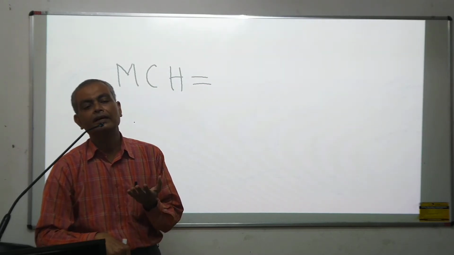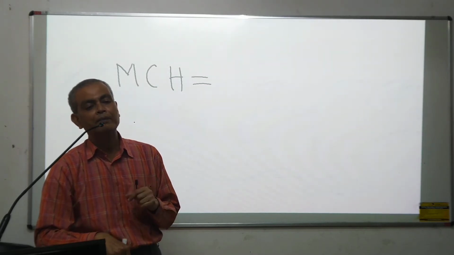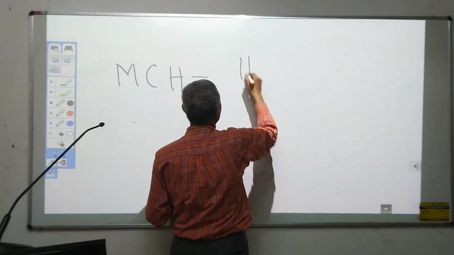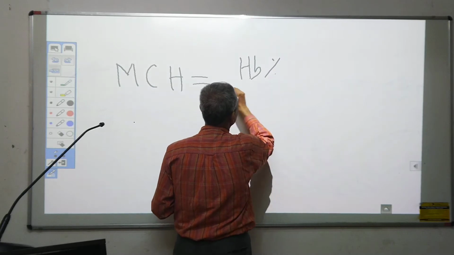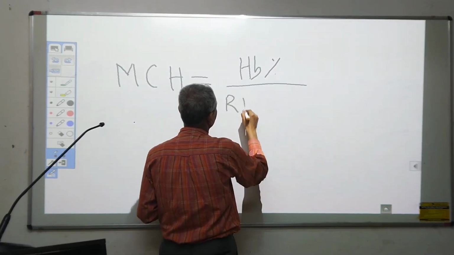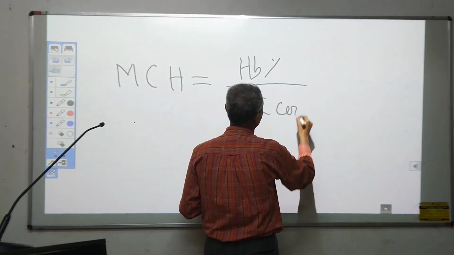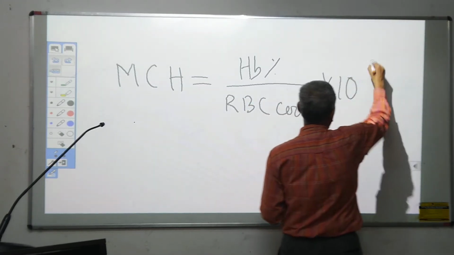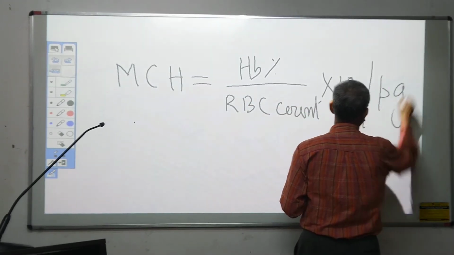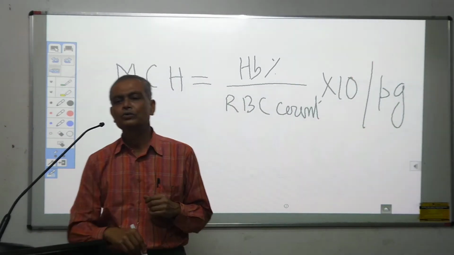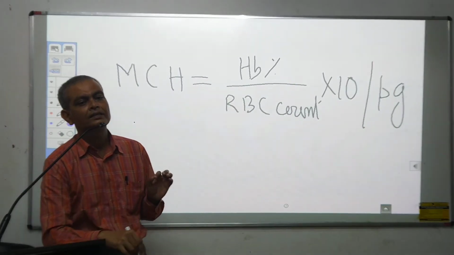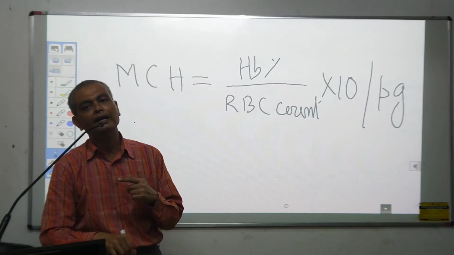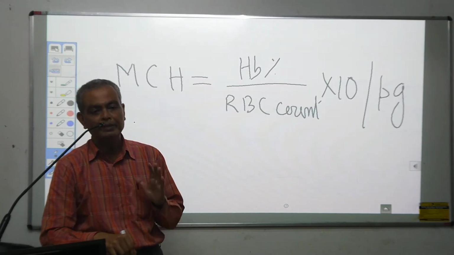It is calculated by the hemoglobin percentage divided by RBC in million, into 10, and the unit is picogram, PG.